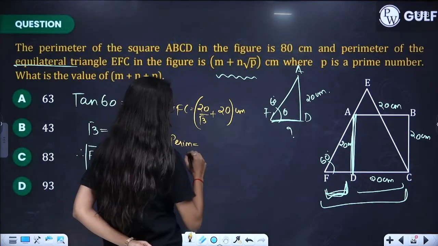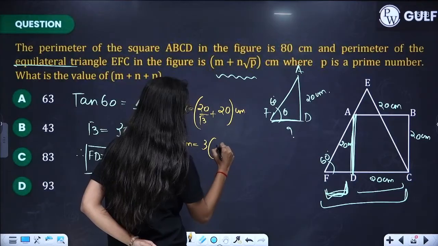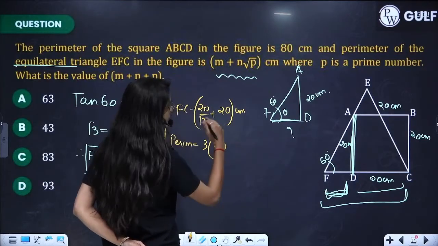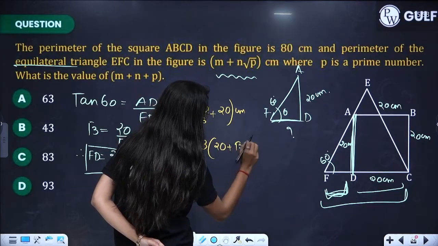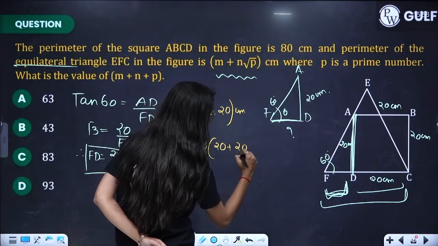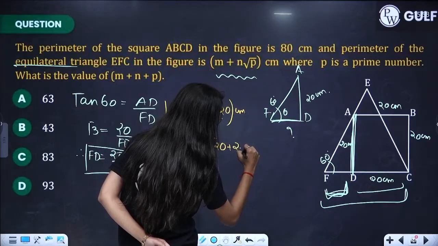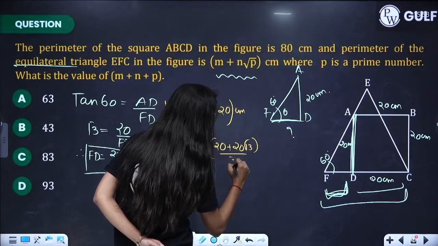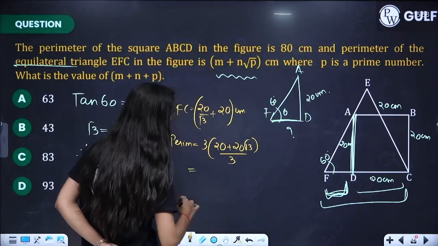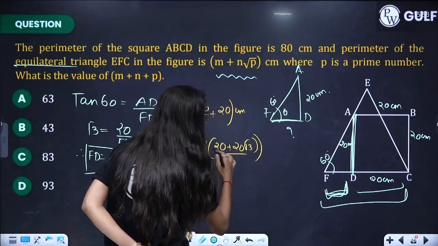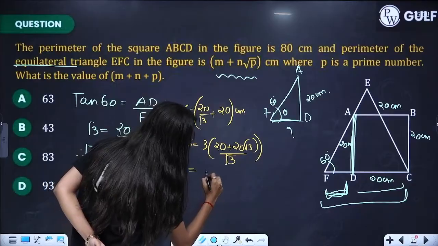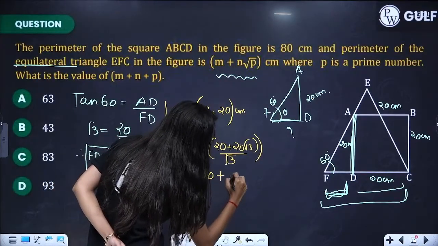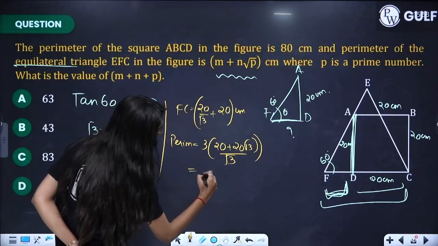So perimeter will be 3 multiplied by 20. See, I'm taking the LCM over here, whole divided by 3. If you want to multiply 3 inside, that's totally fine: 60 plus... or if you do not want to, you can straight away cancel this out.